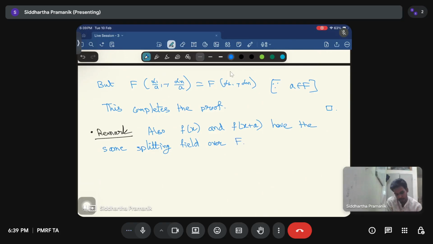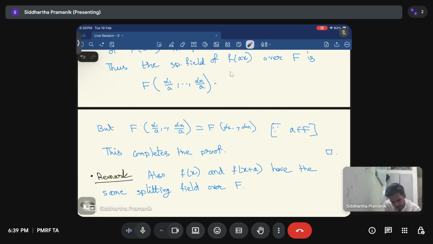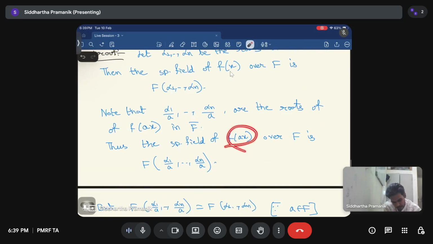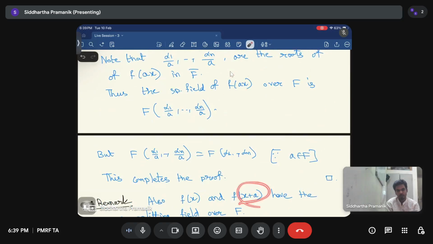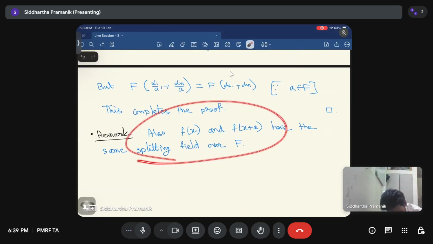So here we have just multiplied by a, and here we are just adding a. So instead of alpha 1 by a, ..., alpha n by a, we need to take alpha 1 minus a, ..., alpha n minus a. So these will be the roots of f(x+a). And if you follow the same method, you can prove this result also.